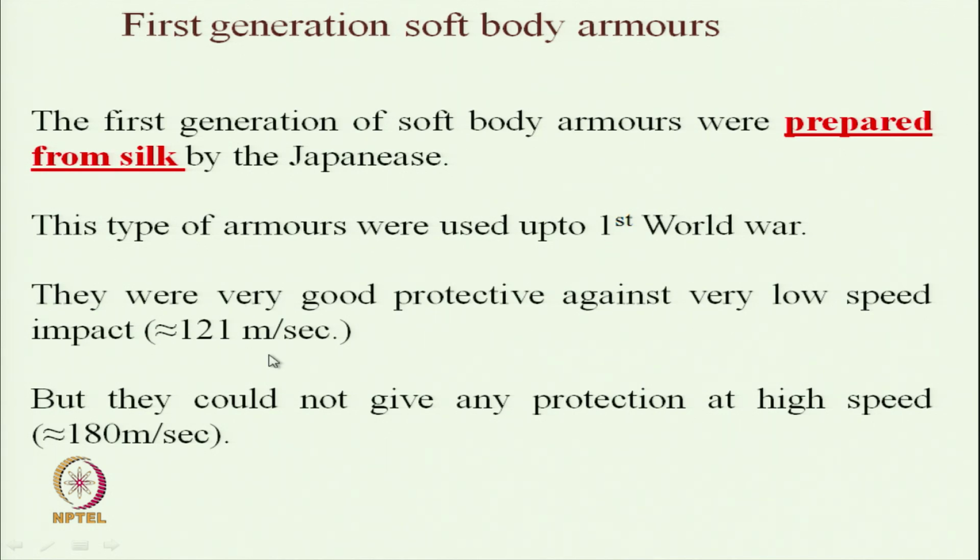But once the projectile speed increased due to increase in threat, they could not give sufficient protection. Around 180 meters per second they failed. Then people started thinking of the next generation of body armor.